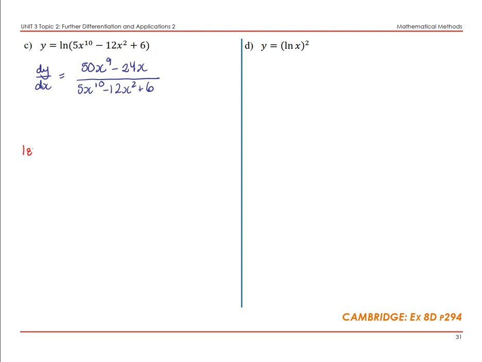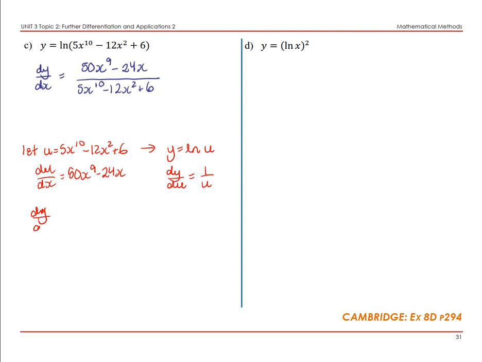If you were using the chain rule, let u equal 5x to the 10 minus 12x squared plus 6. y equals ln of u. du/dx is 50x to the 9 minus 24x. dy/du is 1 over u. dy/dx is du/dx multiplied by dy/du, which is your 50x to the 9 minus 24x all over u. And you could skip some of these steps as well.